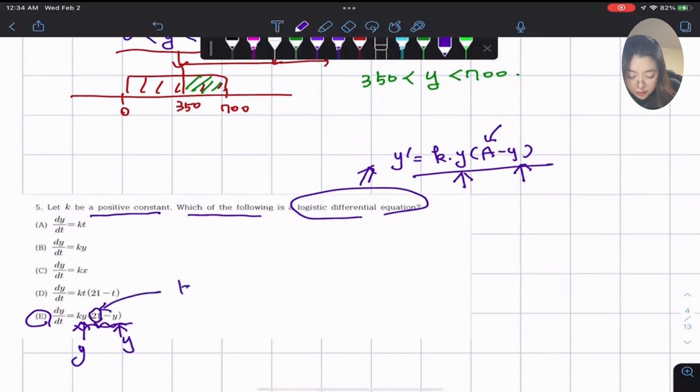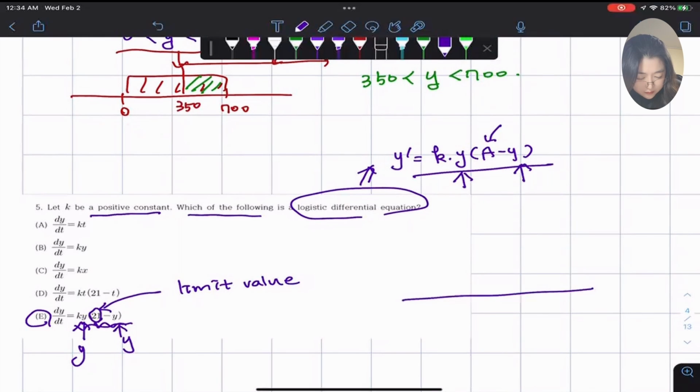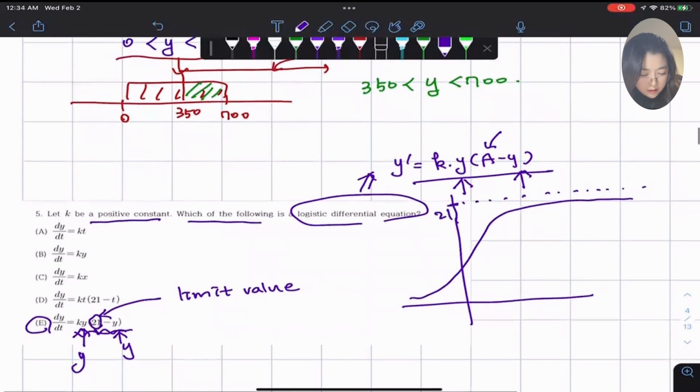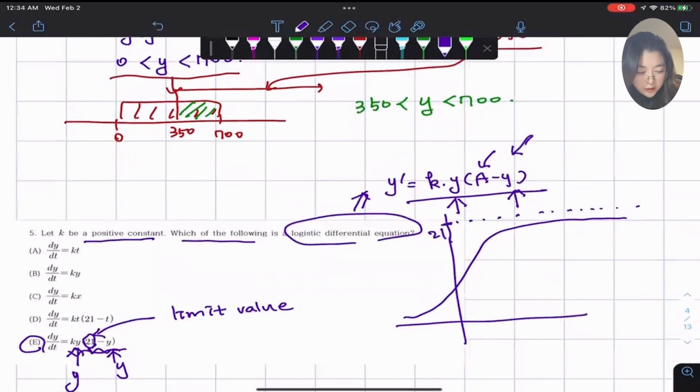This is the limit value. Because this form is like this, this value is 21. In this case, the form is like this.